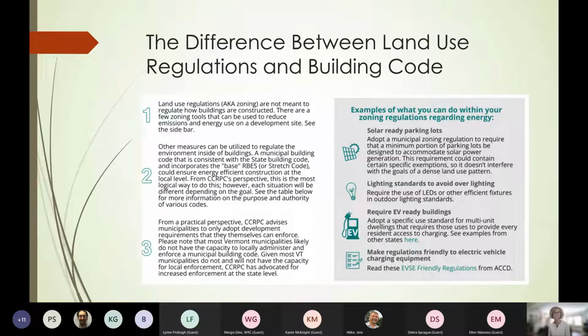The Public Utilities Commission is what approves all renewable energy generation. So that would be the process. But one thing you can do is make parking lots solar ready in your regulations.